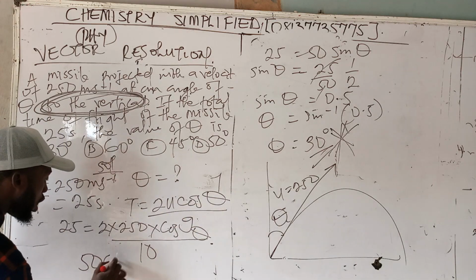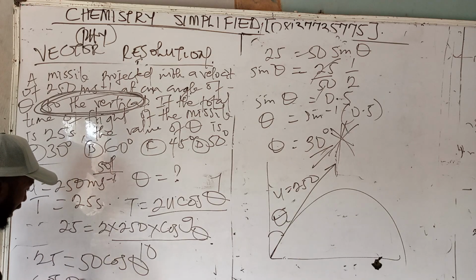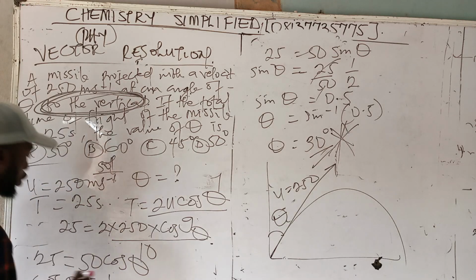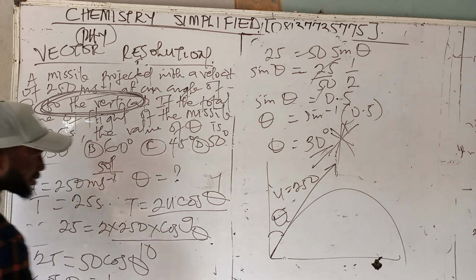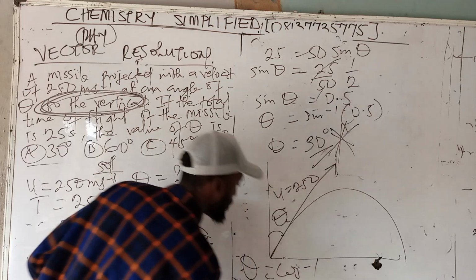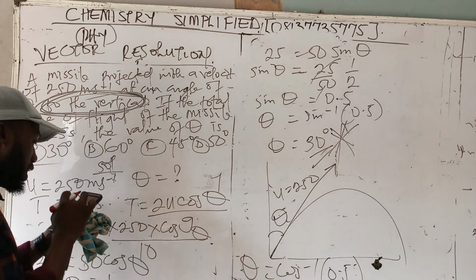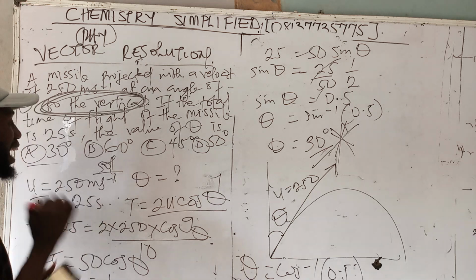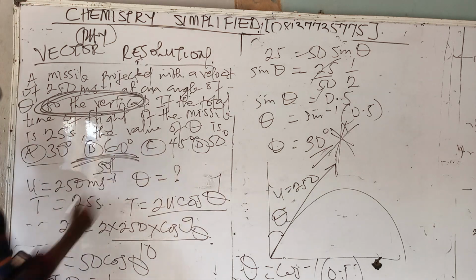So we have 50 cos theta equals 25, and cos theta equals 1/2. Theta is shift cos 0.5, and the answer will be 60 degrees. This is the correct answer.